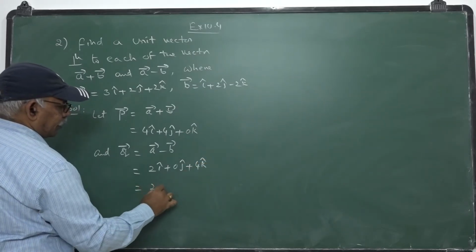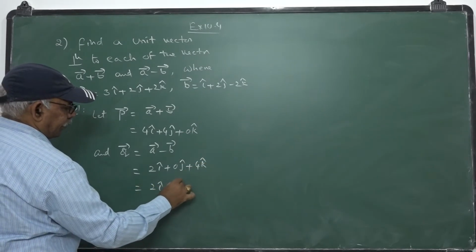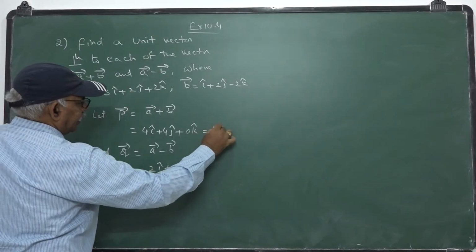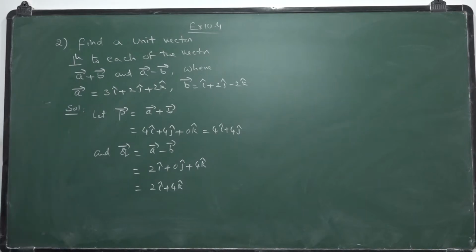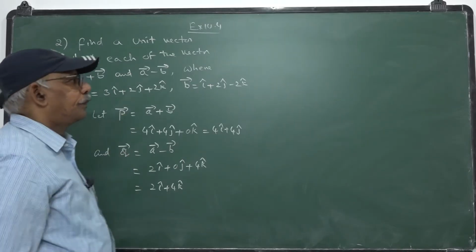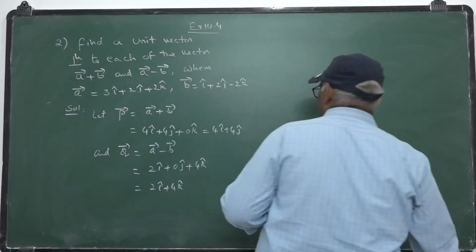So that is 2i plus 4k itself. This is 4i plus 4j itself. These are the vectors a bar plus b bar and a bar minus b bar. Now you have to find a unit vector perpendicular to both p bar and q bar, that means a bar plus b bar and a bar minus b bar.